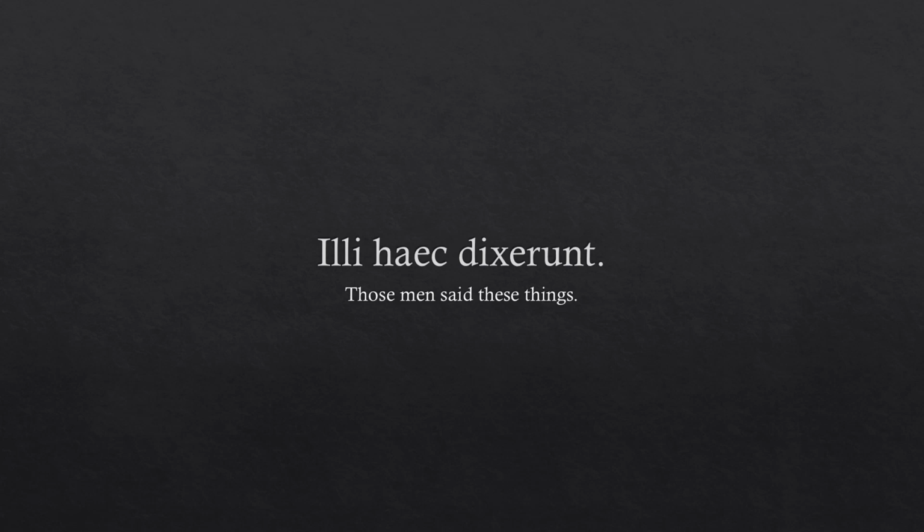However, just like substantive adjectives, we have to supply extra words in English so they make sense. Because illi is masculine nominative plural, we add the word men. And because haec is accusative neuter plural, we add the word things. Thus, illi haec dixerunt translates to those men said these things.